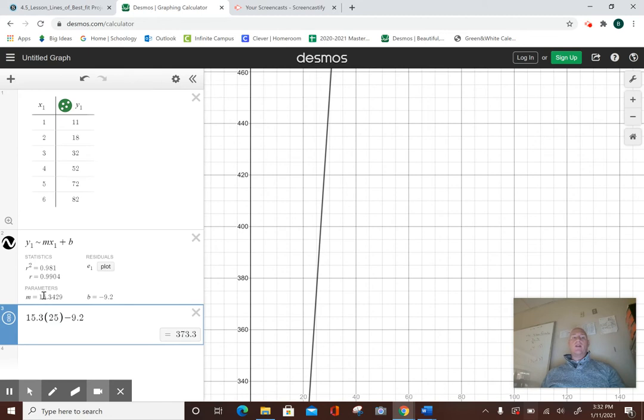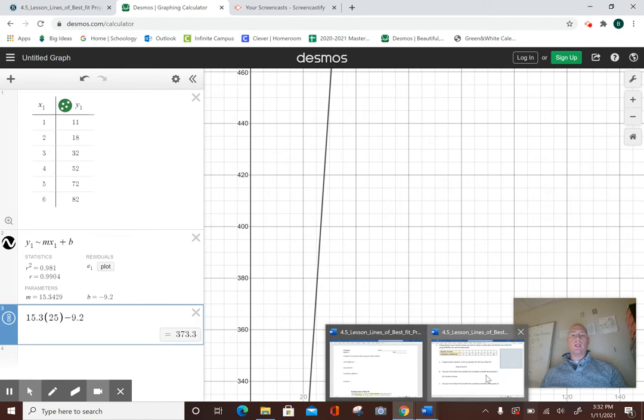We had to create a line to represent that table. The line that we came up with was f of x equals 15.3x minus 9.2. Now we're going to use that line to figure out how much snow or predict how much snow we can have in week 5. And then we wanted to see how much we could have in week 25. And we end up in week 25, 373.3 inches of snow.